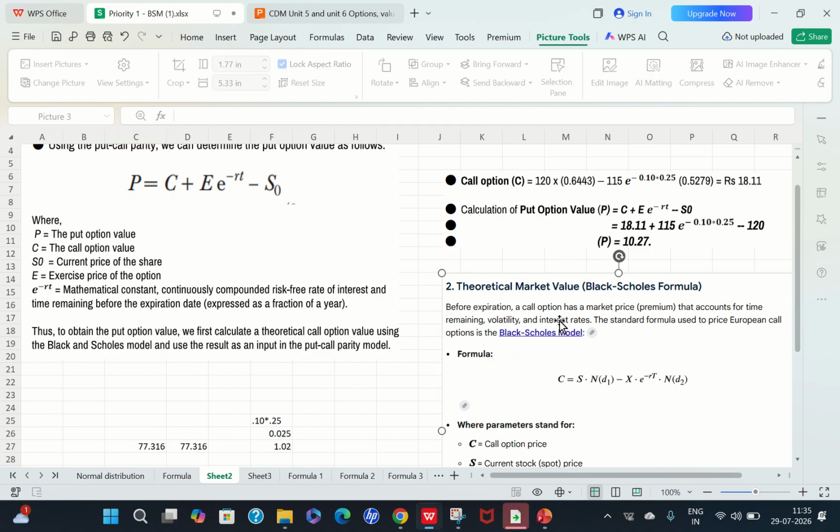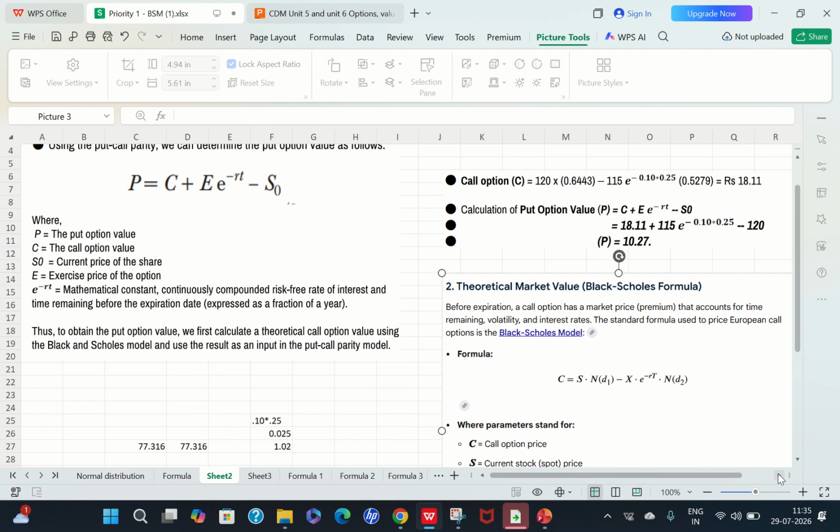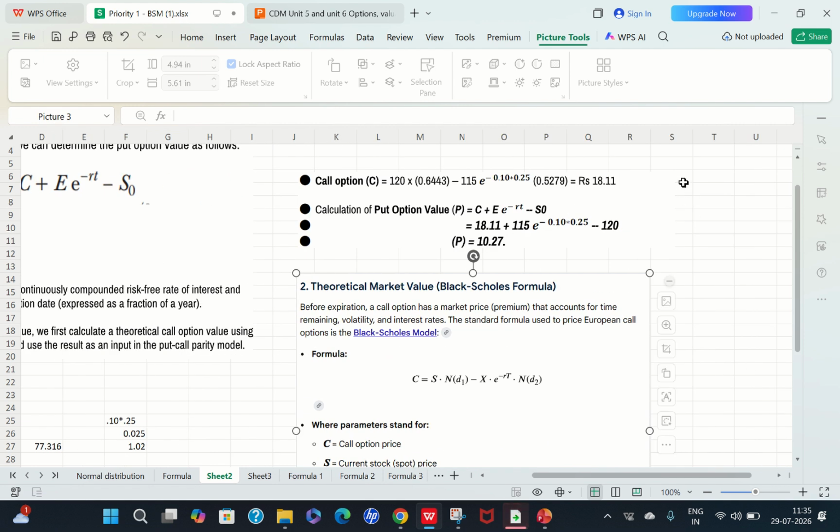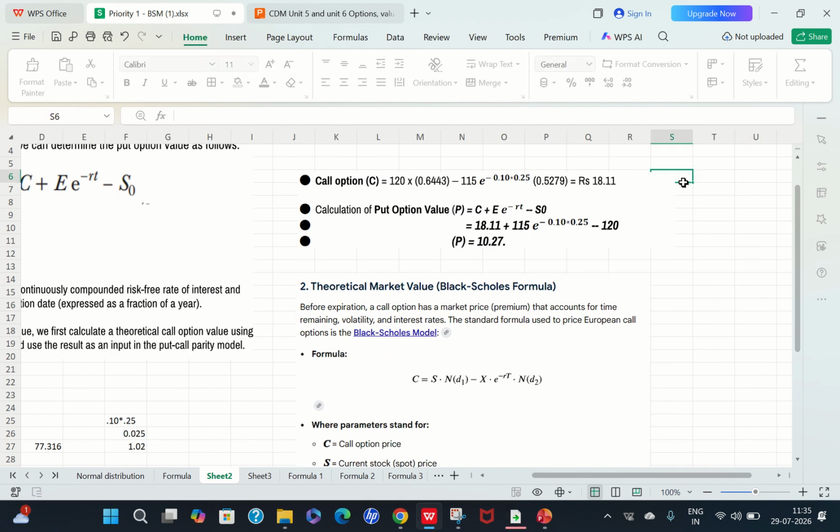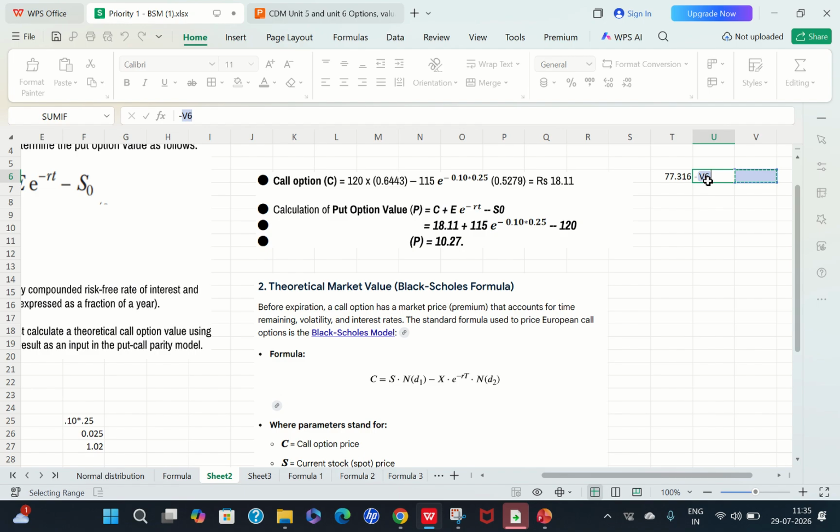Taking that value here, 120 into 0.6443 comes to 77.316, minus 115 multiplied by 0.5279.